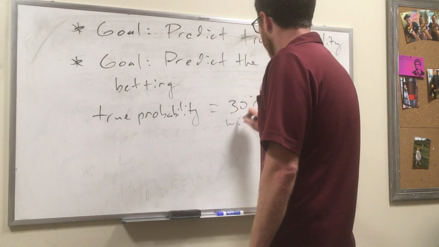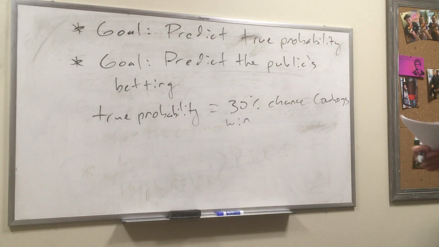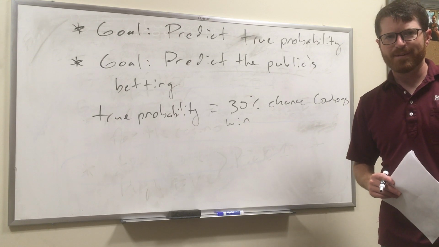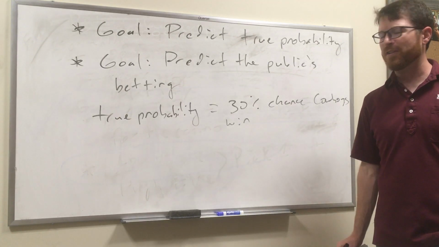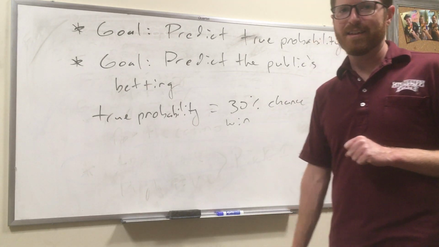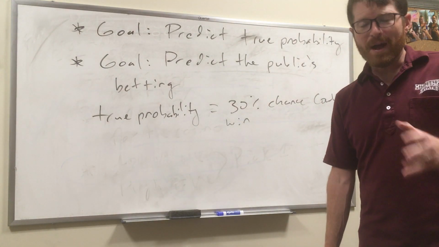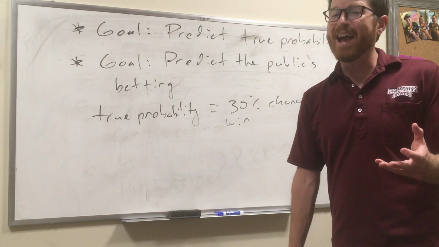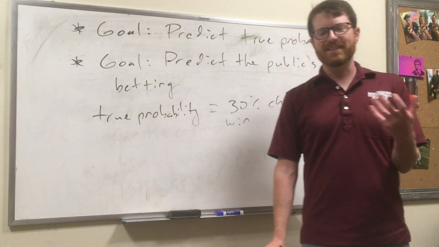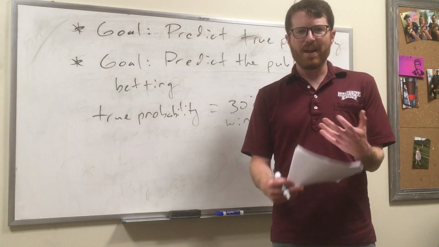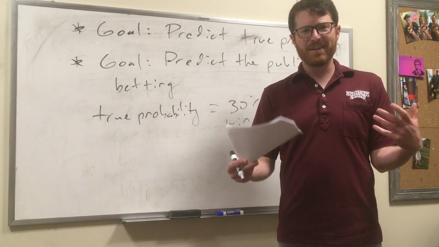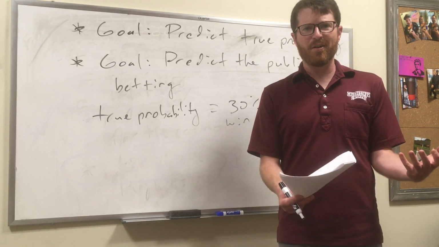And you think that the Cowboys have a 30% chance of winning. All right? You think that the Cowboys have a 30% chance of winning, and you're in Dallas. If you're in Dallas, the public is still probably going to bet on Dallas, right? Even though Dallas has a low likelihood of winning, there's a homerism, right? People are going to tend to bet for the team that's in their home state.